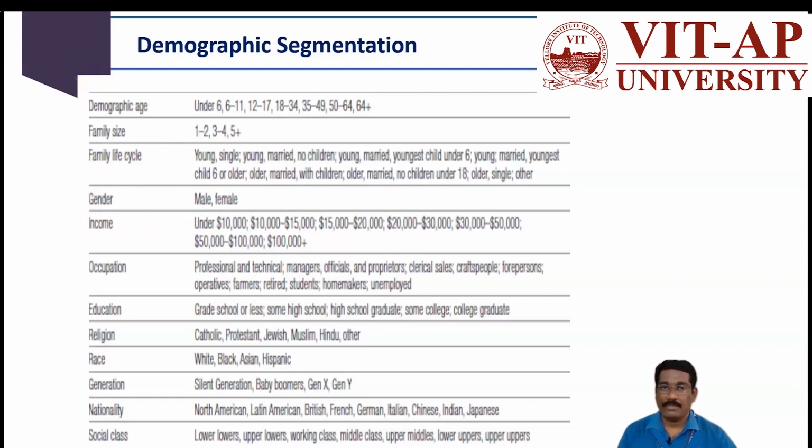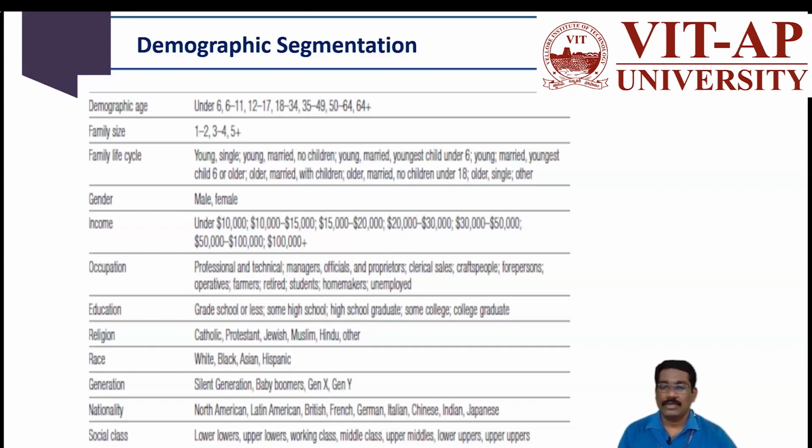And also income. They can classify based on how much income the consumers are getting. Based on that, they will offer the product. For example, there are many segments which offer premium apparel, suitings and shirtings, like Raymonds, which goes for the higher class of income.